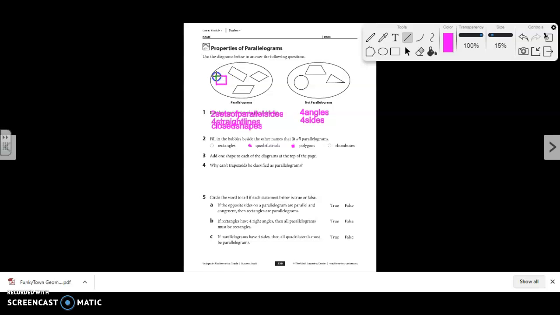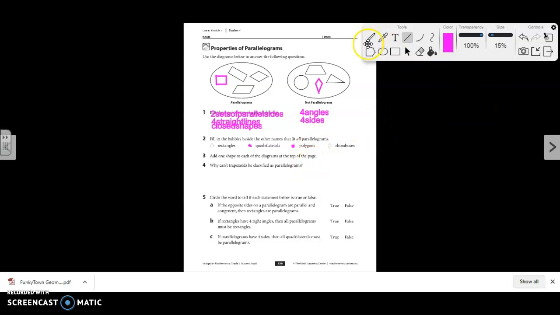So that's my best bet at a square. And then over here on this side, I could draw a kite, because a kite does not have 2 sets of parallel sides. It only has 2 sets of congruent sides that touch. And there is my kite.